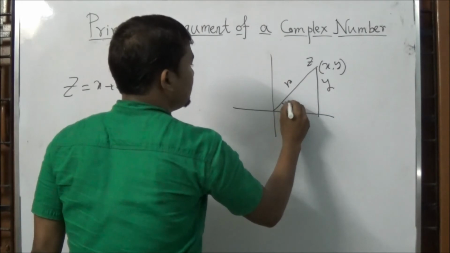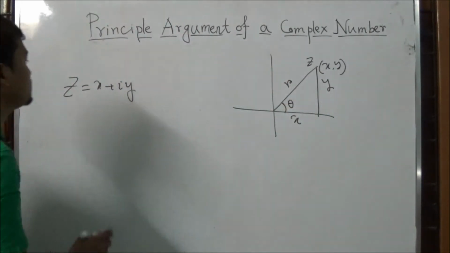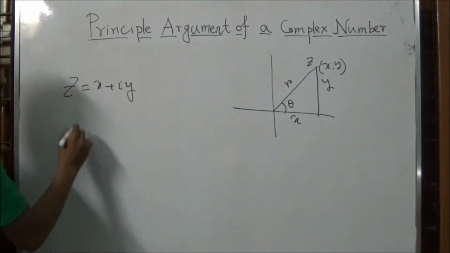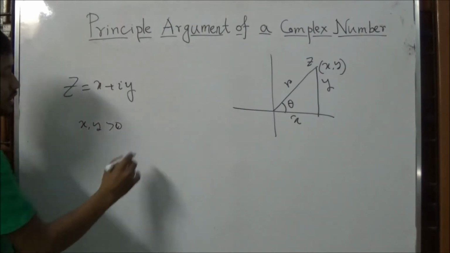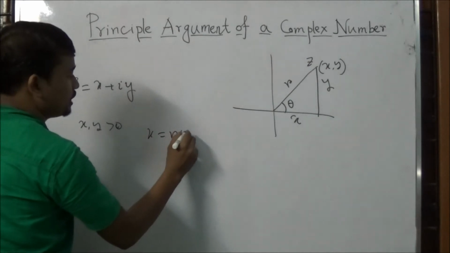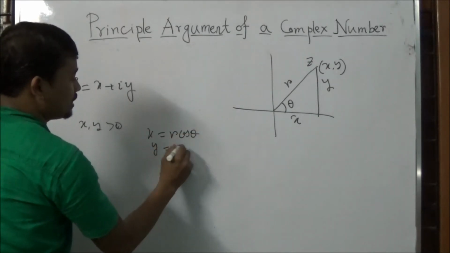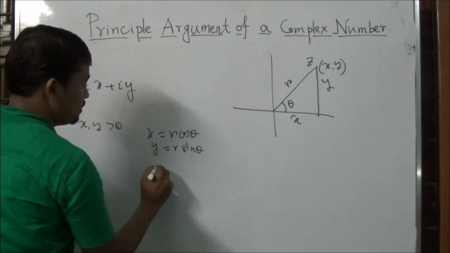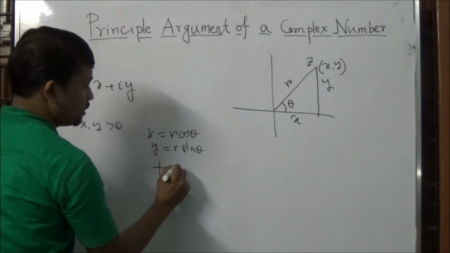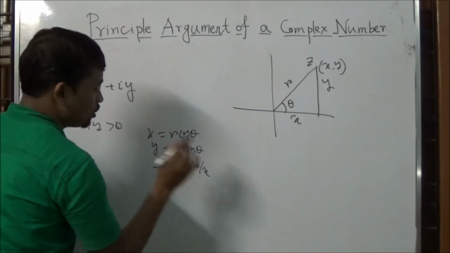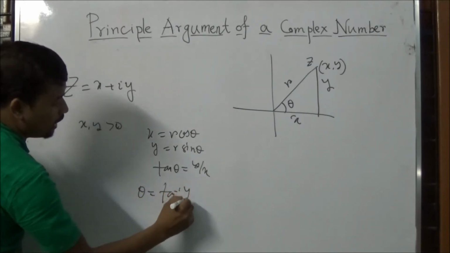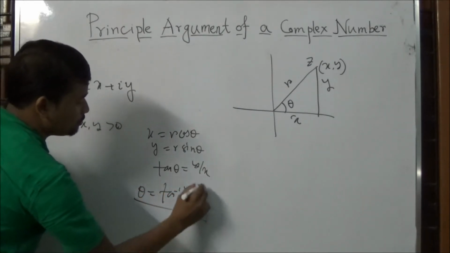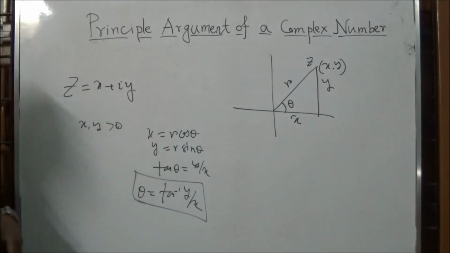Let this angle be theta. Since (x, y) lies on the first quadrant, both x and y are positive. Here, x equal r cos theta, y equal r sin theta, and tan theta equal y by x. So theta equal tan inverse y by x, and this is the principal argument of z.